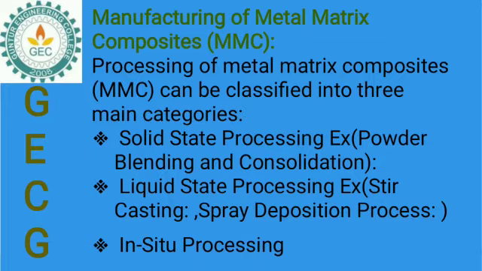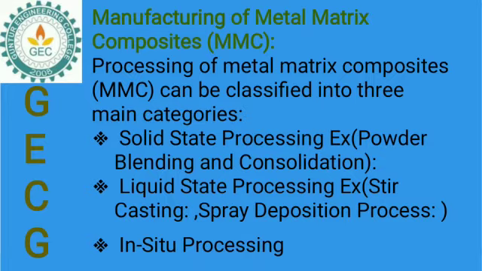Actually, the processing of metal matrix composites, MMCs, can be classified into three main categories. MMCs are mainly manufactured by three methods. First method, solid state processing. Second method, liquid state processing. Third method, in situ processing.